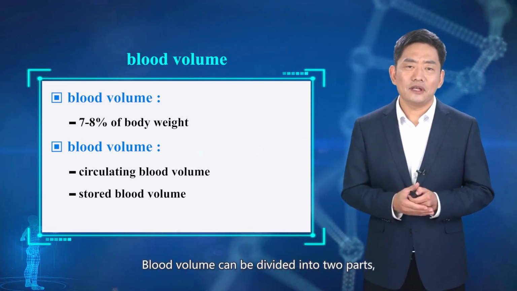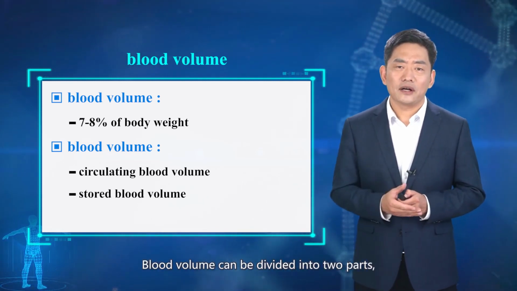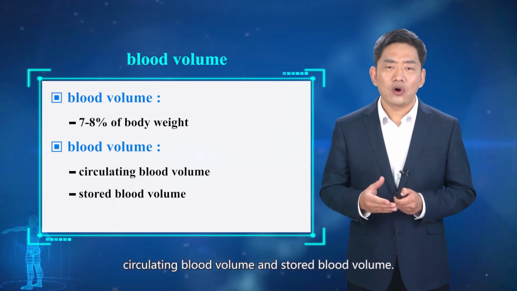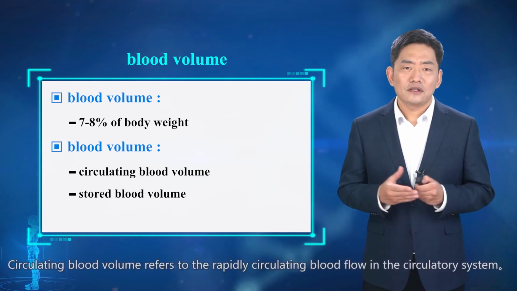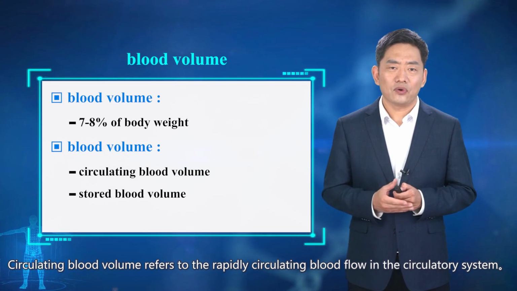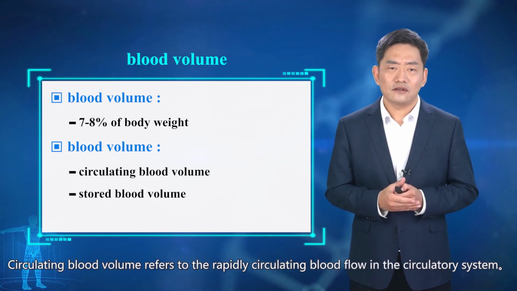Blood volume can be divided into two parts: circulating blood volume and stored blood volume. Circulating blood volume refers to the rapidly circulating blood flow in the circulatory system.